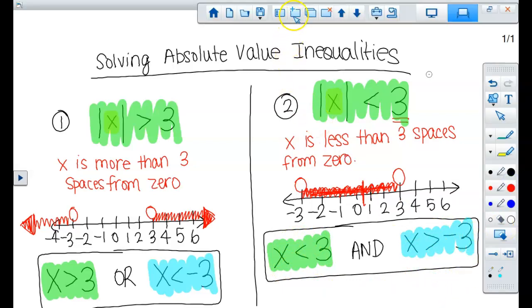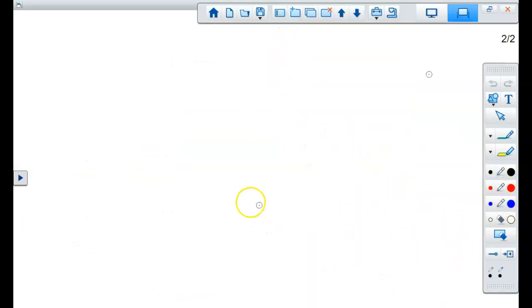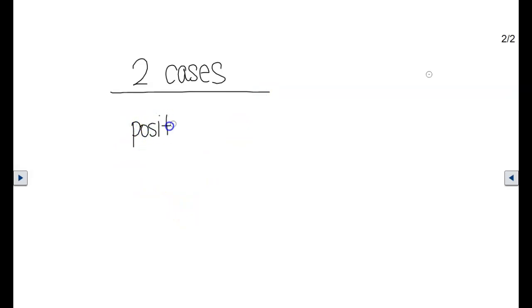So let's kind of write this down. So for absolute value inequalities, you're still going to have two cases. You are going to have your positive case and you are going to have your negative case.